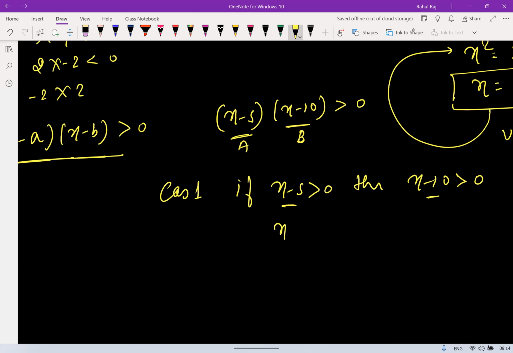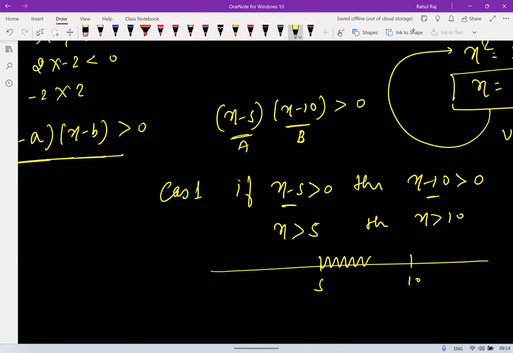So that means x is greater than 5, and x should be greater than 10 as well. Let's say this is 5 and this is 10. I draw the graph of x greater than 5, then the graph of x greater than 10. What is the common region? x greater than 10, right?